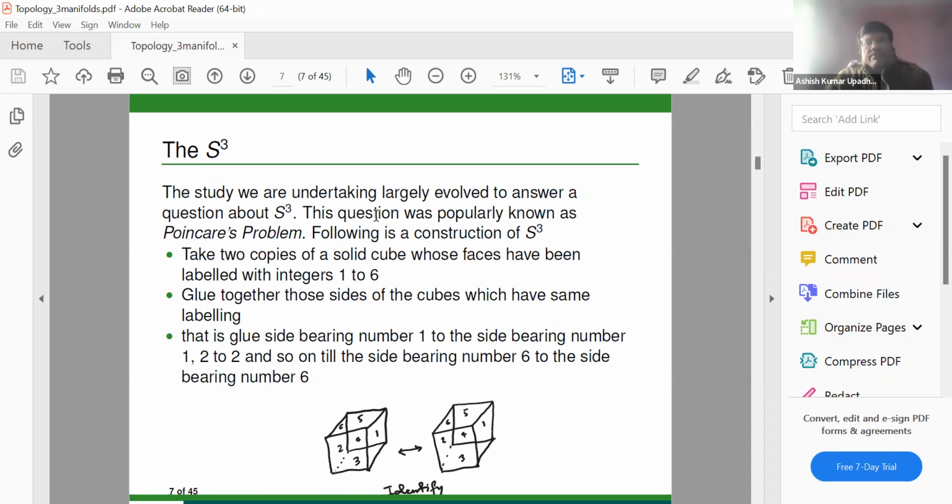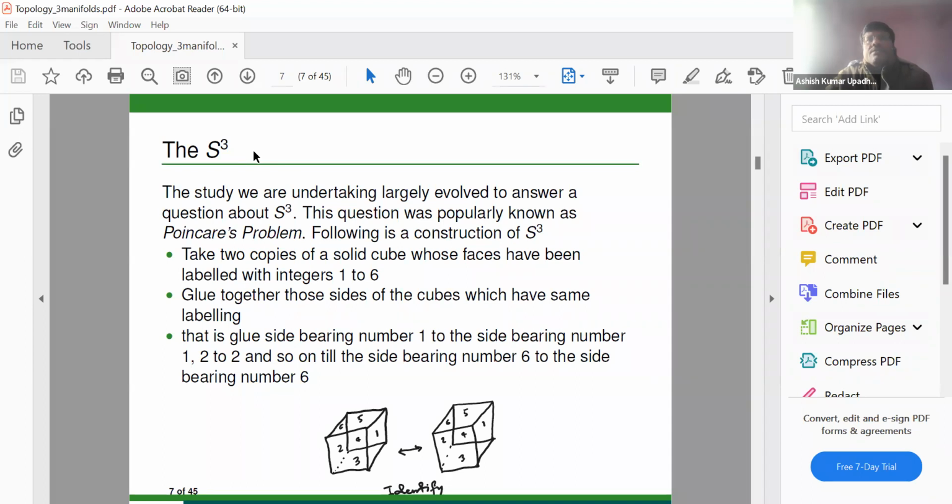The reason we are so interested in studying 3-manifolds is because of a problem. This study actually evolved to answer a question about the sphere in dimension 3.